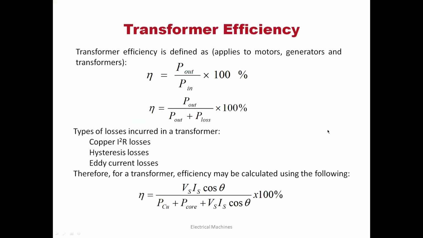As discussed, transformer efficiency is output by input, that is output by output plus total losses. Now this was a question asked in power transformer: which types of losses are there? You have to explain the different types of loss.